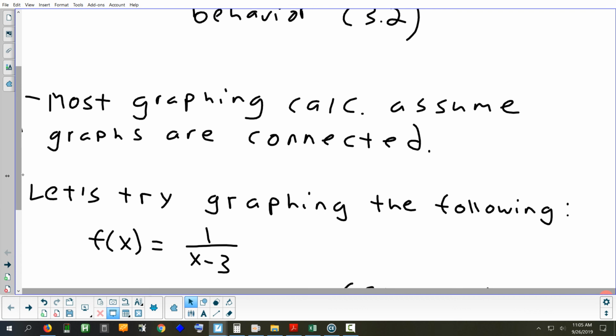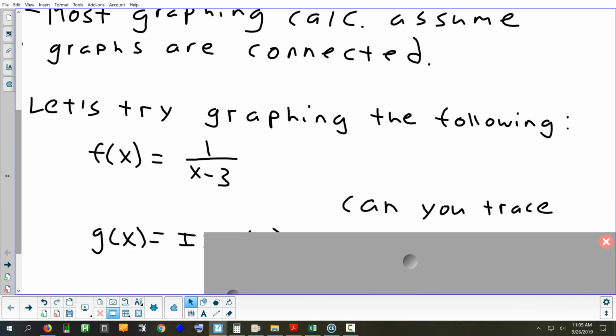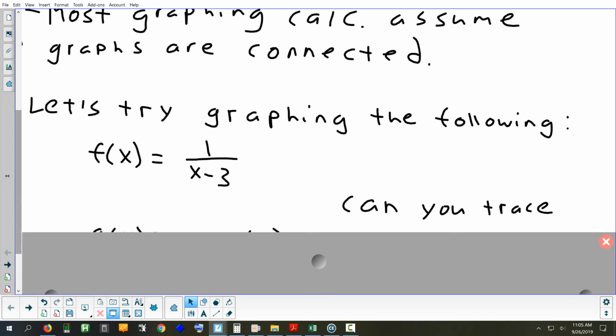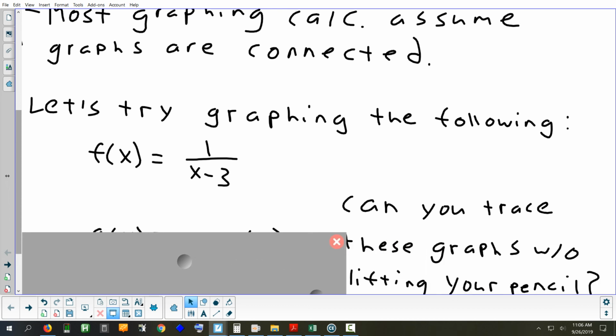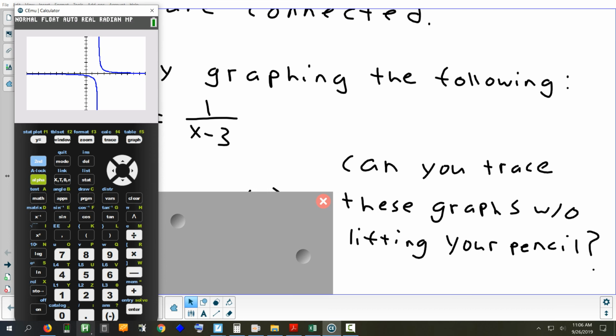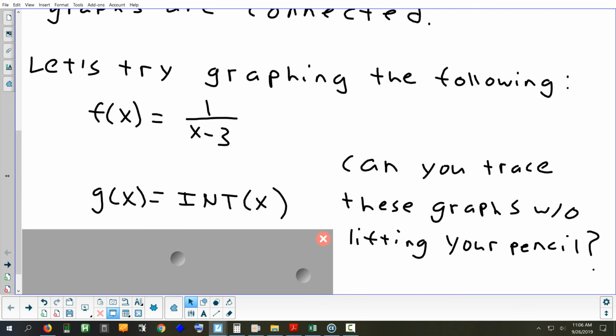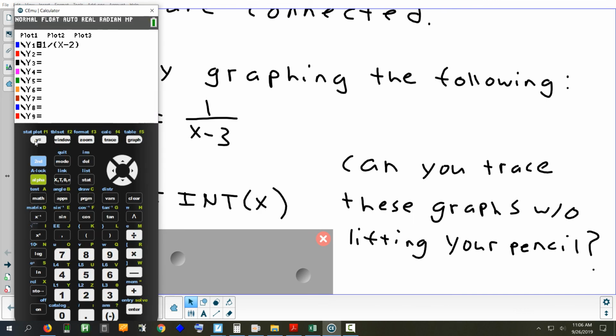So, actually, it's basically what I just drew. Okay? When I drew that, you saw what happened. The question I'm going to ask you about that one is, could you trace that entire graph right here without ever lifting your pencil? No. Right. Let's try this one. This is the integer function.